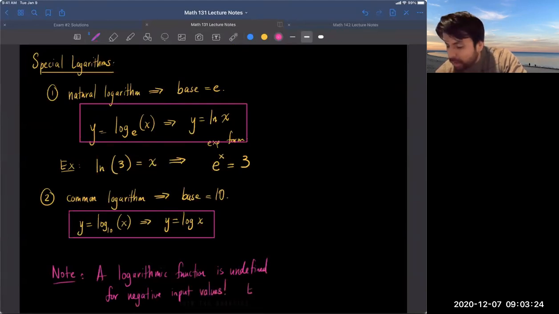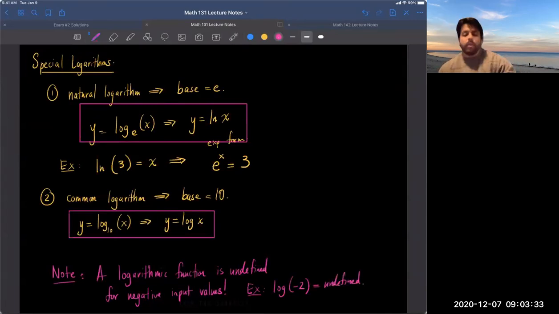So for example, you cannot say log base 10 of -2. This is undefined. There is no number that you raise 10 to that gives you -2. 10 raised to what equals -2?